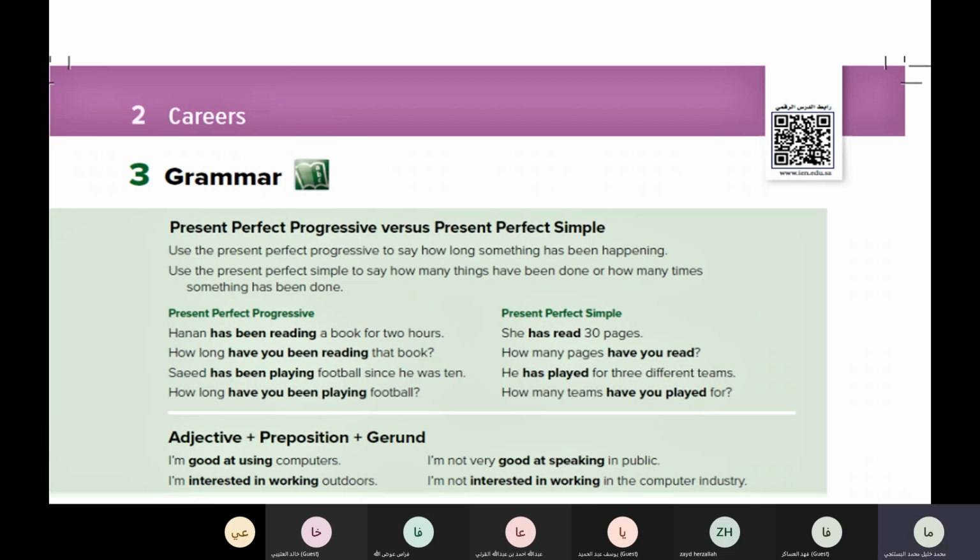Now I study. I'm studying now. This semester, I'm studying this book. So here we use what? The present progressive. So we use the present perfect simple to talk about what? To talk or ask about the number of times or the quantity.